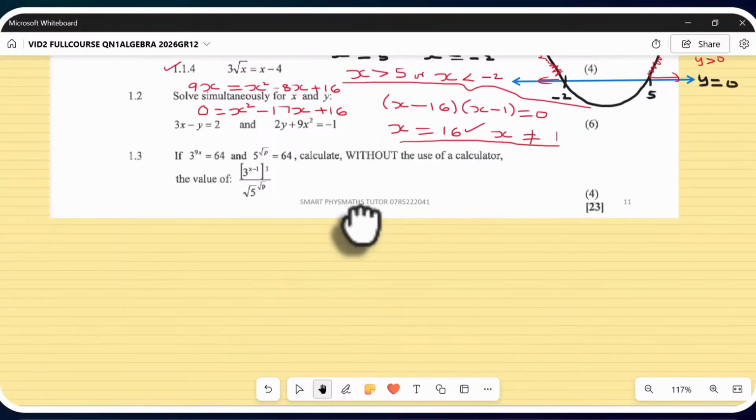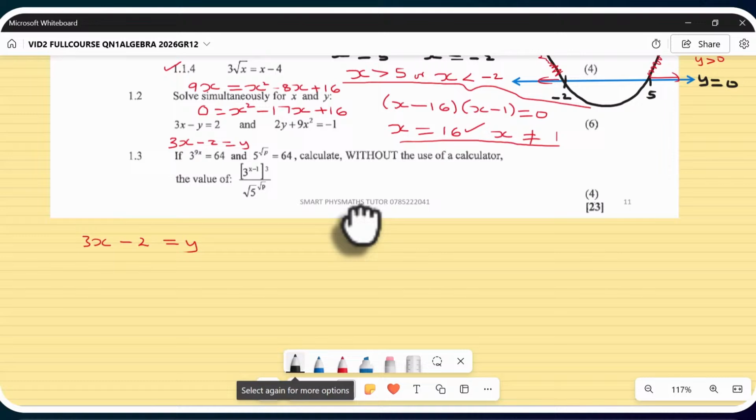Then in the second equation, which says 2y plus 9x squared equals negative 1, now here we are going to substitute, okay. Wherever we see that we have a y, we put 3x minus 2.